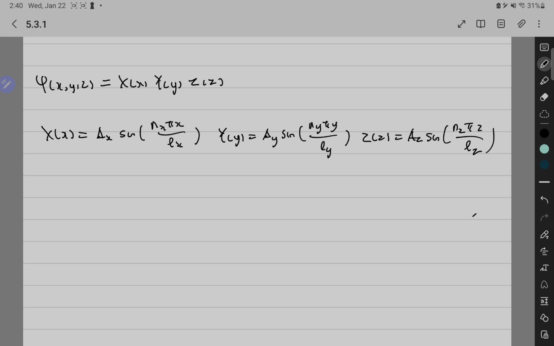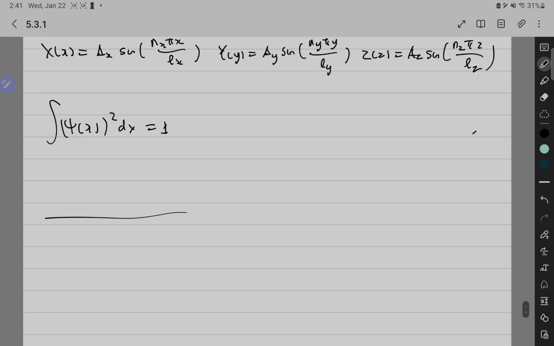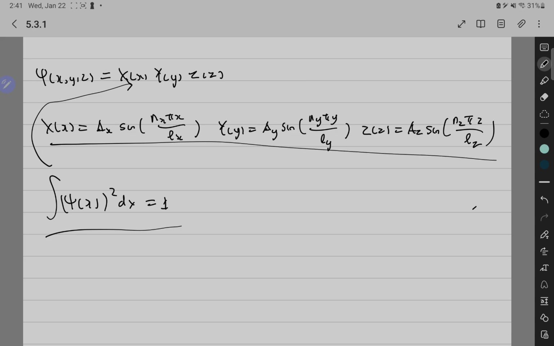And what we're going to do here is look at our normalization condition. Remember, for any wave function we normalize it, right? For a 1D wave function, this will just yield 1. But we have to do this for this equation here, which is a combination of all of these. So how do we do that? First, we're going to have 3 integrals, each corresponding to x, y, z.